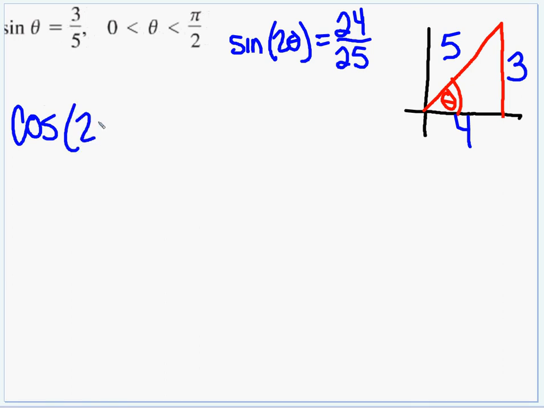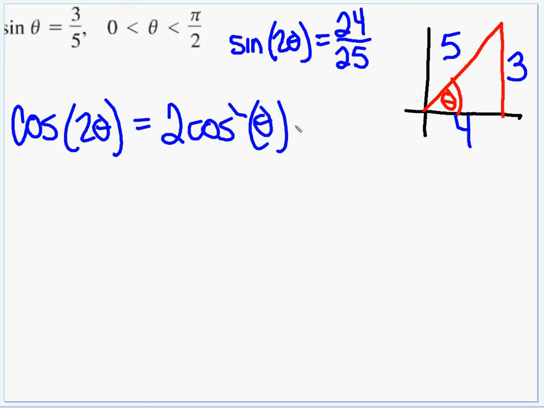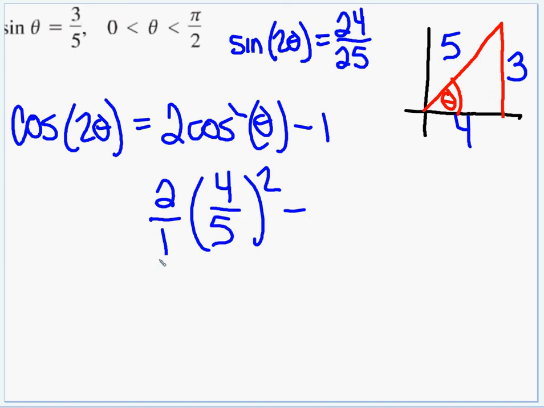Next up, cos. Cos of the double is equal to, remember we have 3 options. I usually go to 2 cos squared minus 1. If you use a different formula, just watch through till the answer. They should be the same if everything was done correctly. So we've got 2 over 1 times cos squared. Let's put in cos. Cos is adjacent over hypotenuse. And I'm just looking ahead. When I square that denominator, it's going to be a 25.